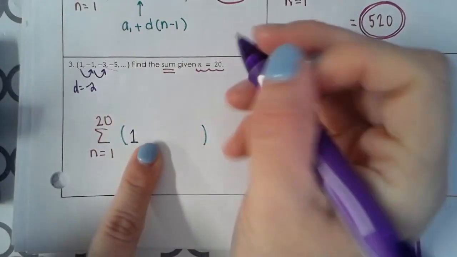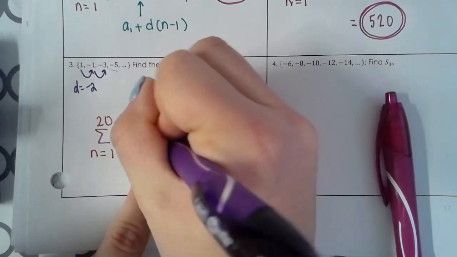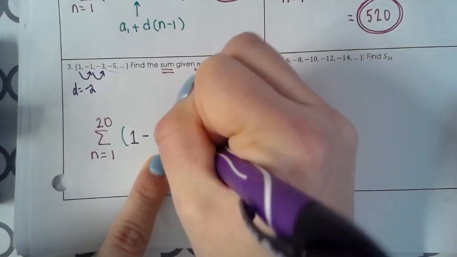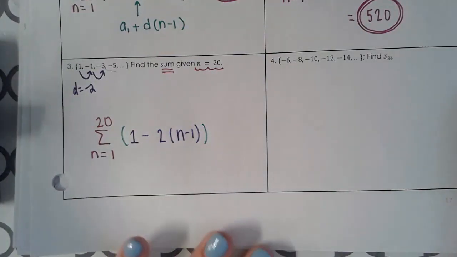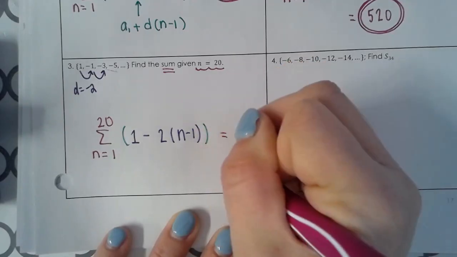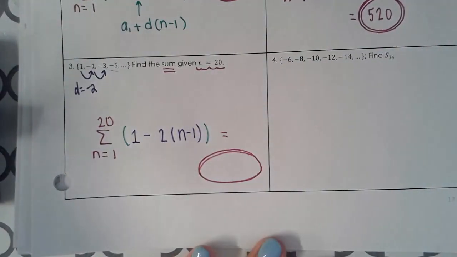Our common difference is -2, so you can put plus negative, but it's better just to put minus, and then n minus 1. I want you to go to Desmos and type that in.